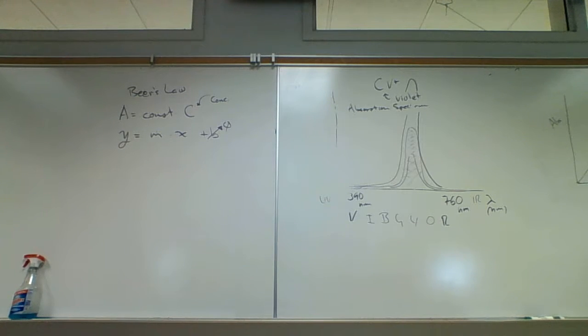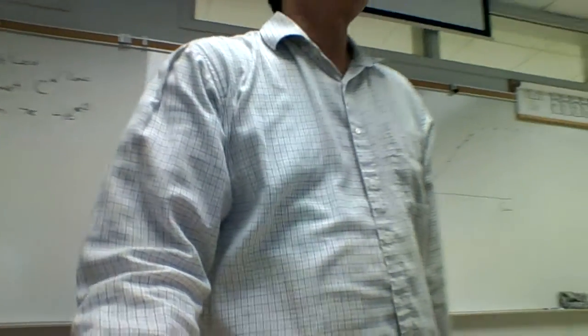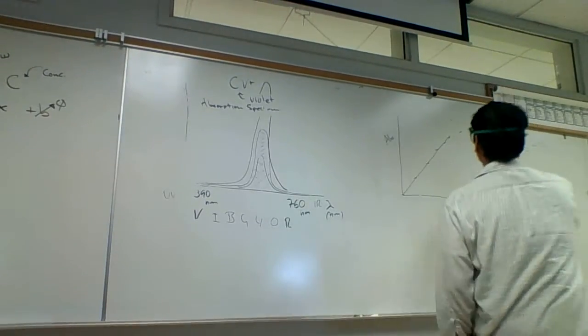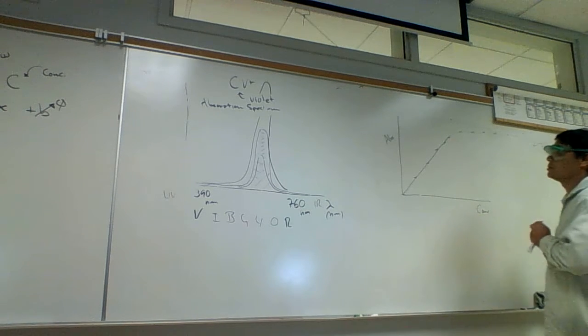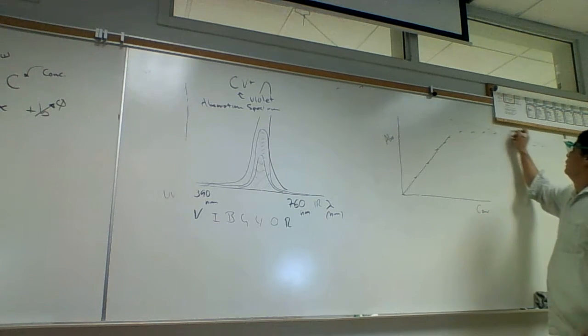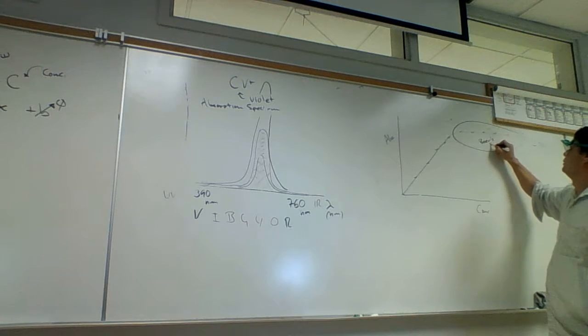We have this first region at dilute concentrations, and then the second region at high concentrations. At high concentrations, Beer's law fails. We don't get this nice linear relationship.